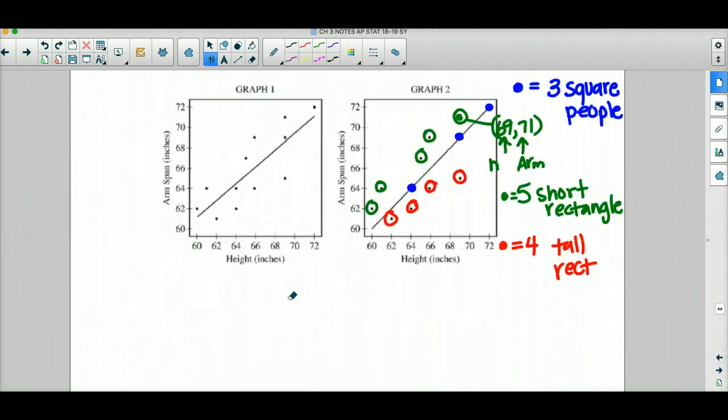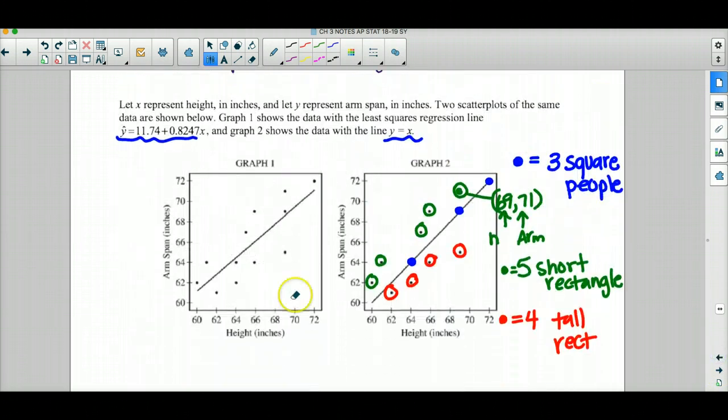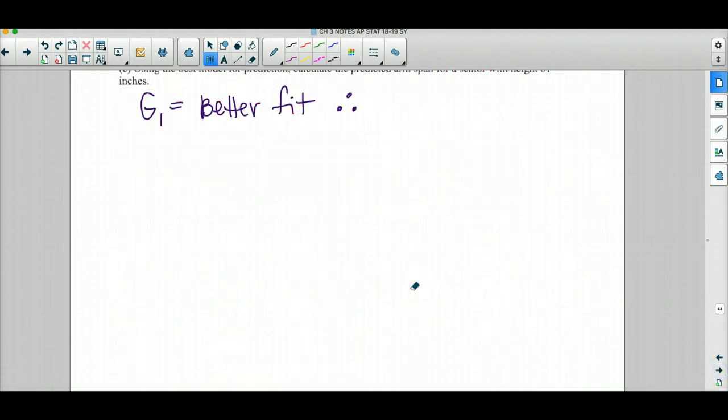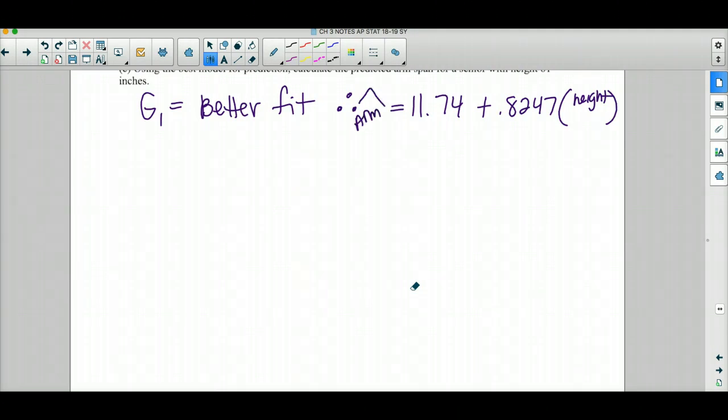We are going to use the equation that said 11.74 plus 0.8247 times the height is the predicted arm span.